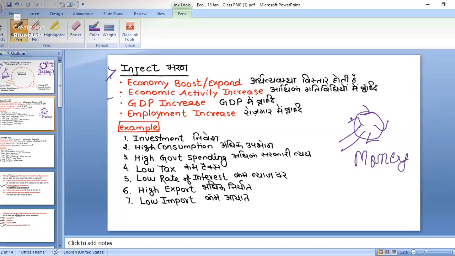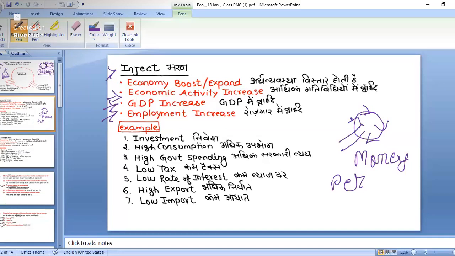Everyone will get employment, so employment will increase. Per capita income will also increase, and GDP will also increase.